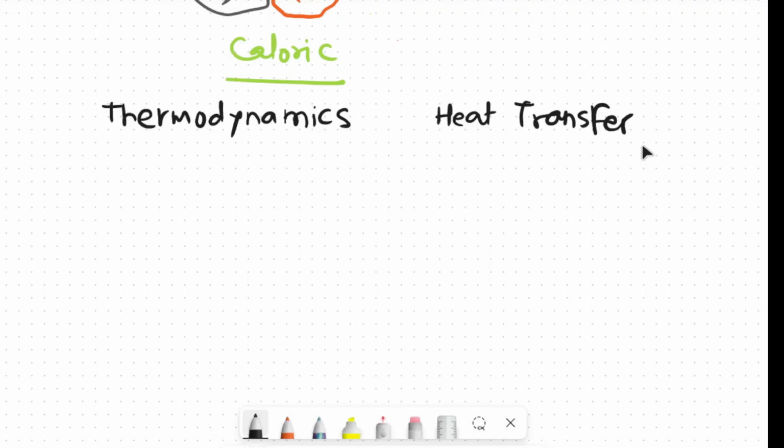Thermodynamic analysis is concerned with the amount of heat transfer the system undergoes from one equilibrium state to another. So, in case of thermodynamics, we deal with the amount of heat which is transferred.